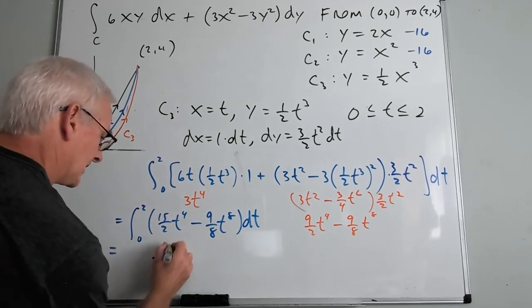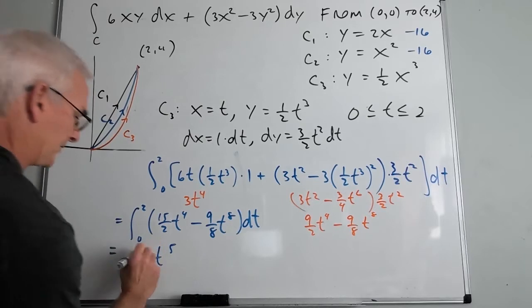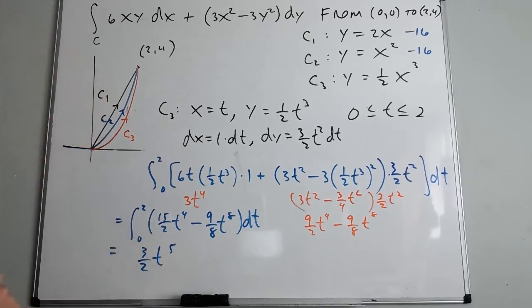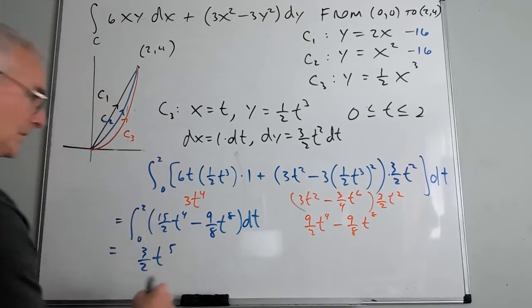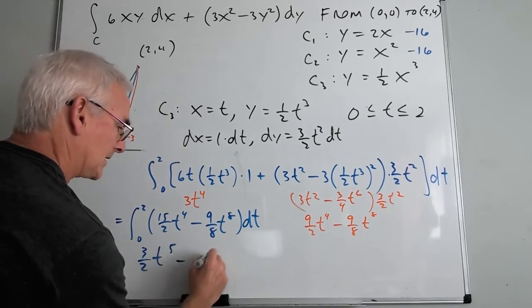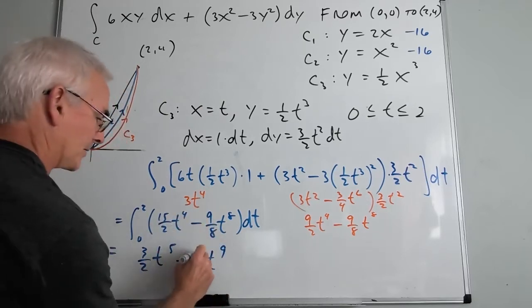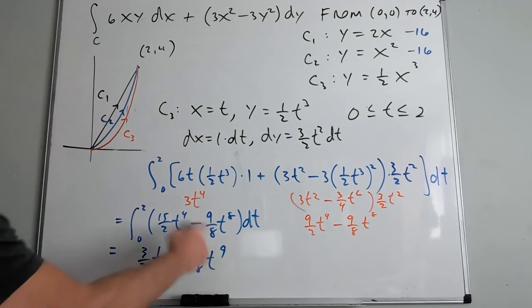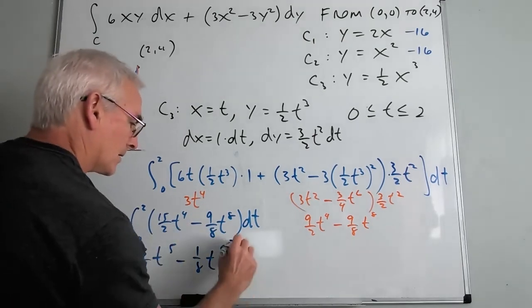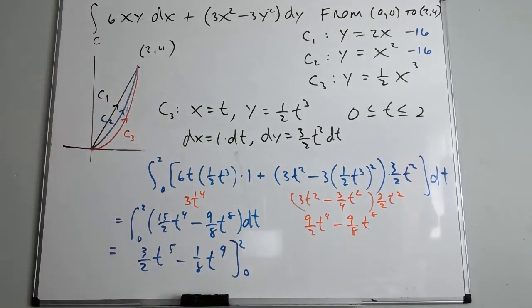Well, hopefully this isn't too ugly. So that's going to be t to the 5th times the 5th, so that'd be 3/2. Quick check. This will be t to the 9th times the 9th, so it'd be minus 1/8. Quick check. Okay.